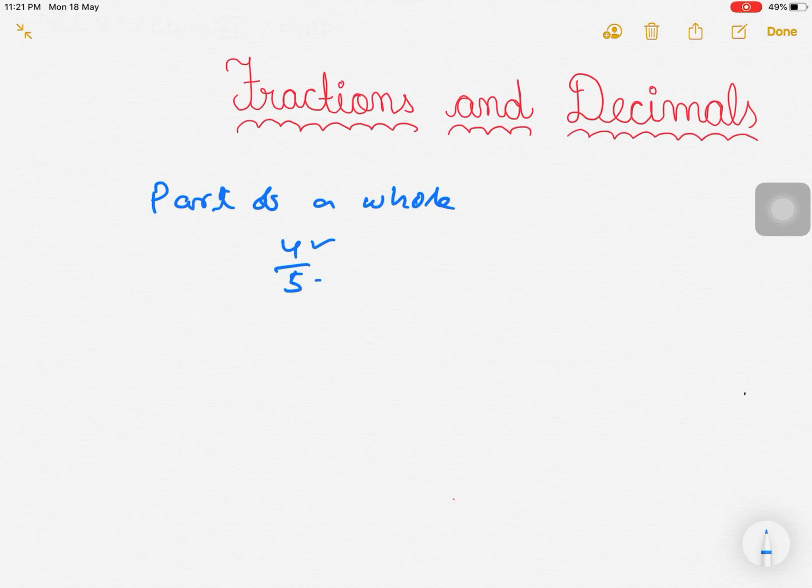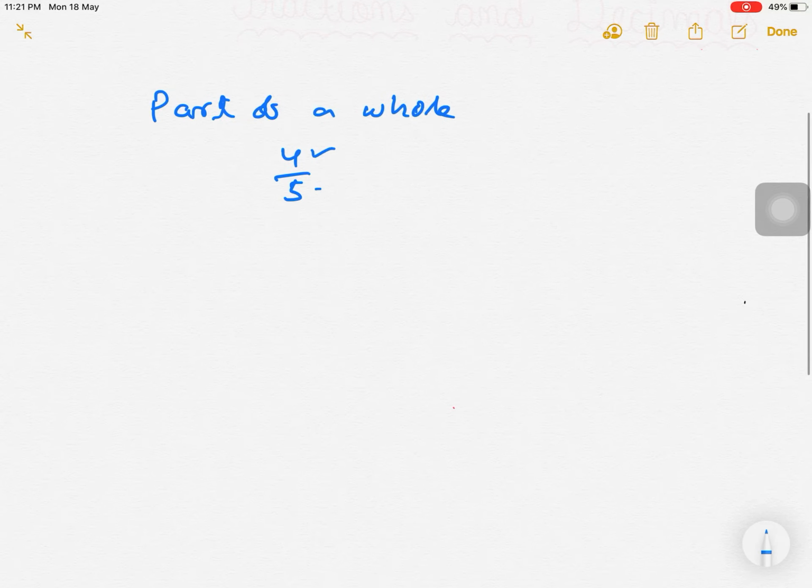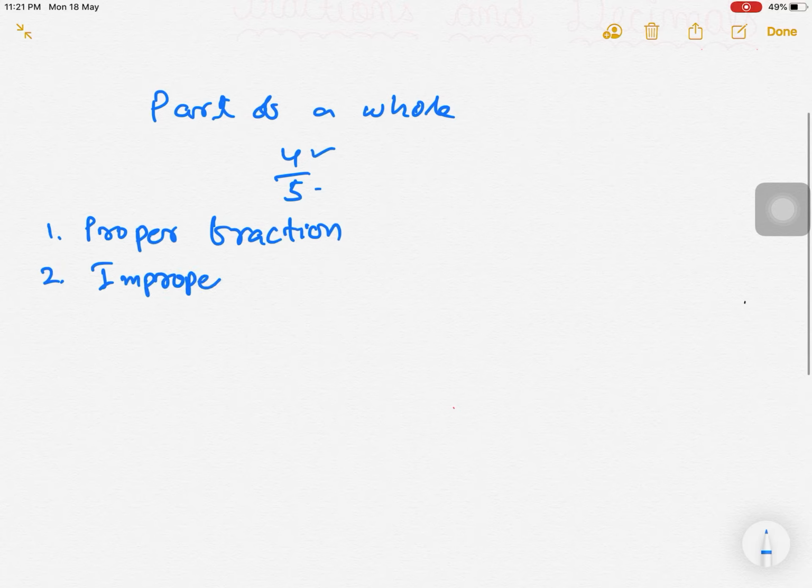This is a fraction. And you have learned three types of fractions, mainly proper fraction, then improper fraction, then you have learned about mixed fractions.